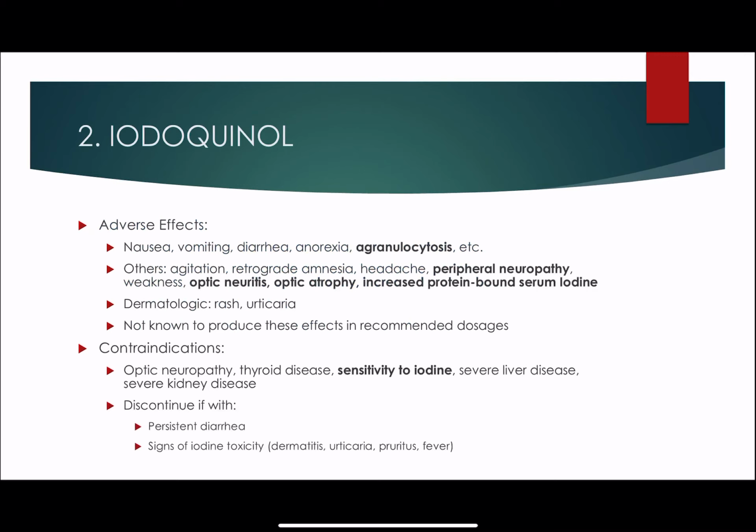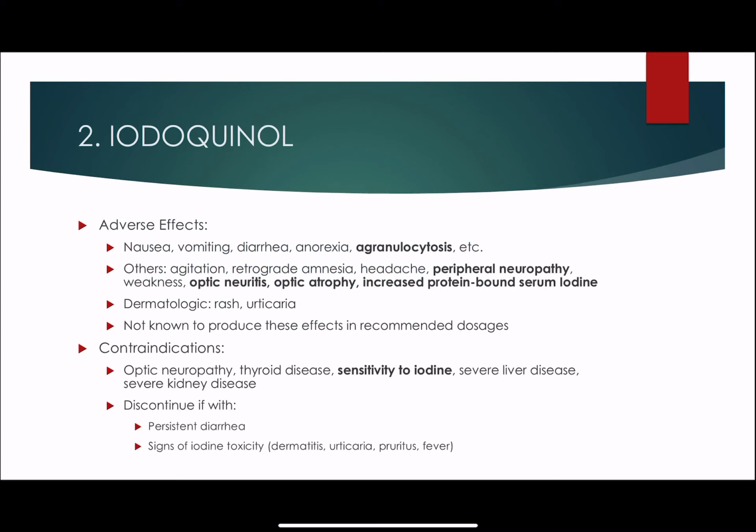So since this is iodine-based, you want to be careful when giving this because patients with thyroid disease, diba, will have abnormal levels of iodine, and those who are sensitive to iodine. So, for example, those sensitive to povidone iodine, don't prescribe this drug.